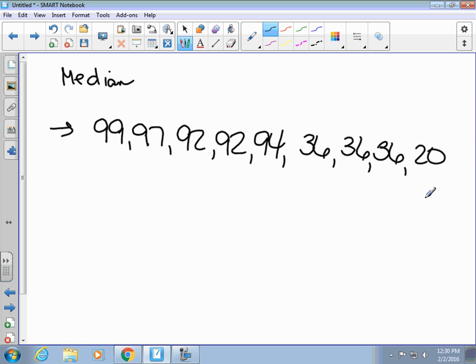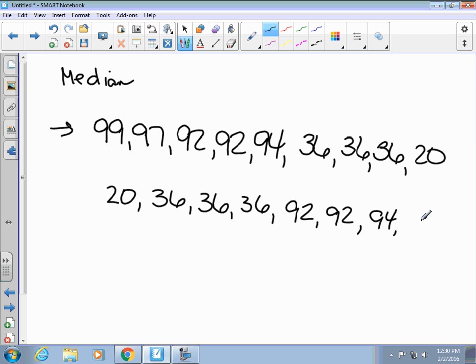Now, if they say find the median of these numbers, you're just going to go straight to finding the median. I'm actually close, not quite, to having already got those in order when I was writing them. I just had the 92s and 94s switched, or I could have gone from largest to smallest.